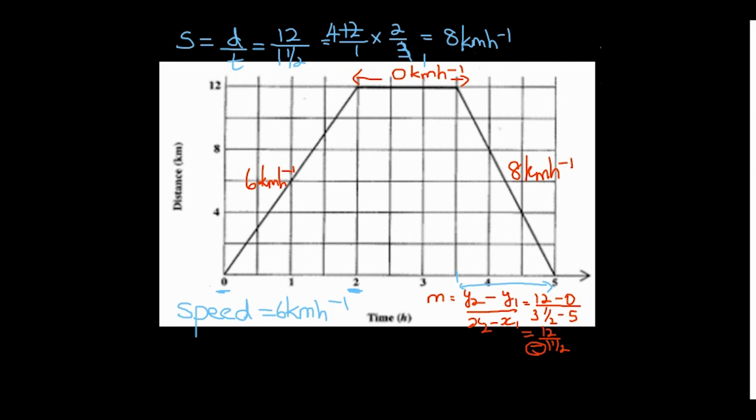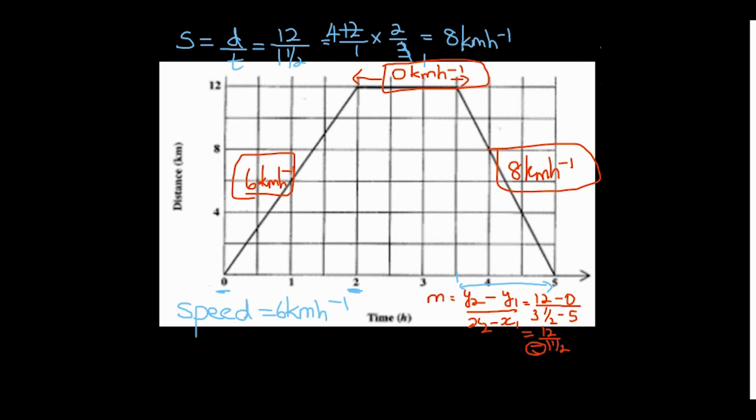Average speed for the entire journey will be something like this. You add all of the speeds throughout the entire journey and divide it by the total number of speeds you would have added. So that's how we'll just get our average, okay?